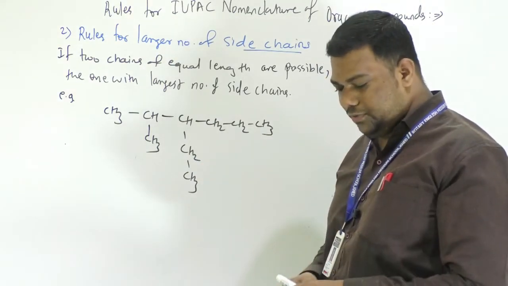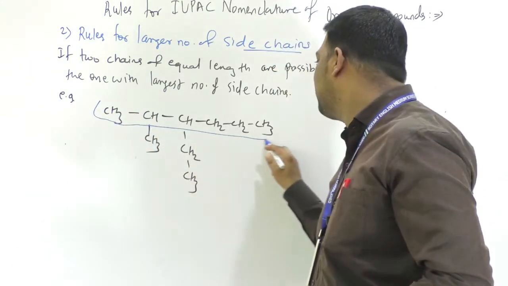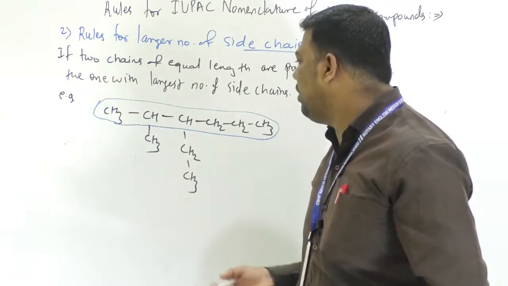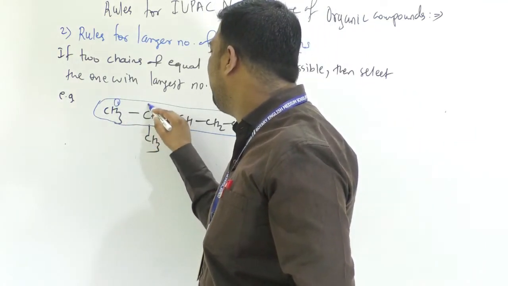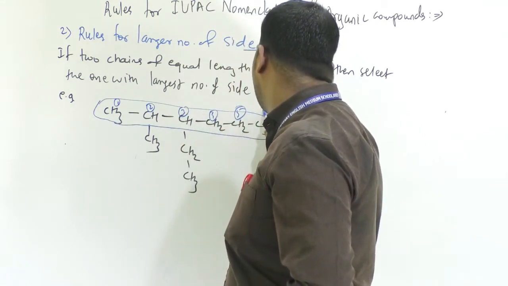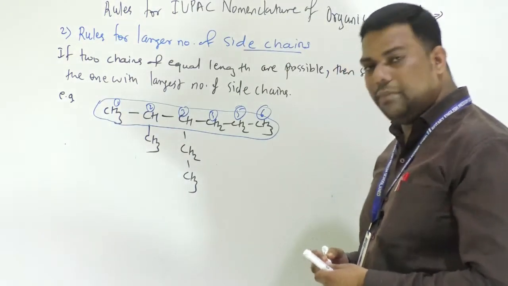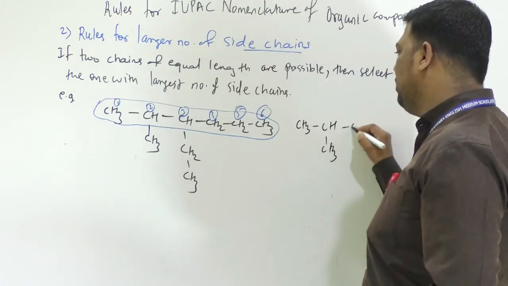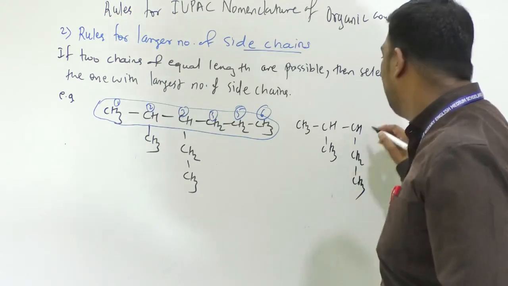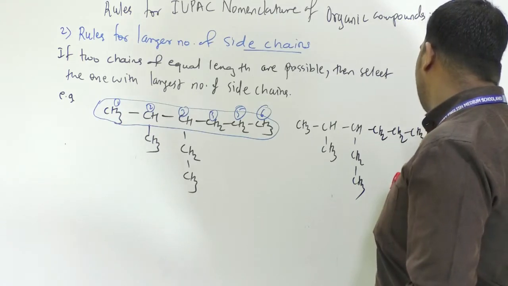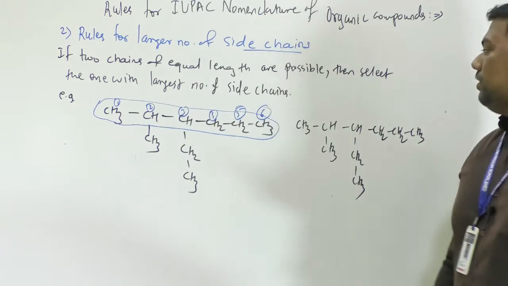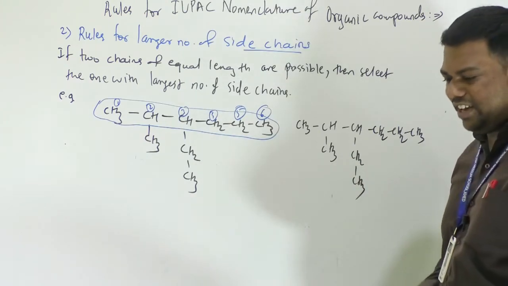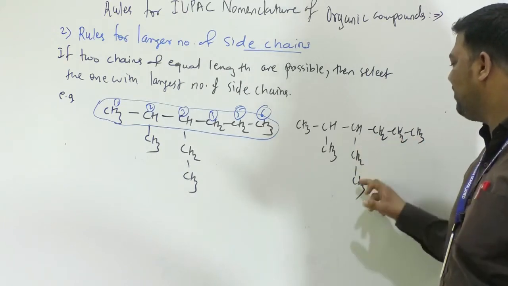Suppose we do the numbering also: 1, 2, 3, 4, 5 and 6. Suppose I write the same compound again: CH3 CH CH3 CH CH2 CH3 CH2 CH2 and CH3. Now you can count like this, 1, 2, 3, 4, 5, 6, or like this, 1, 2, 3, 4, 5, 6. Understood?